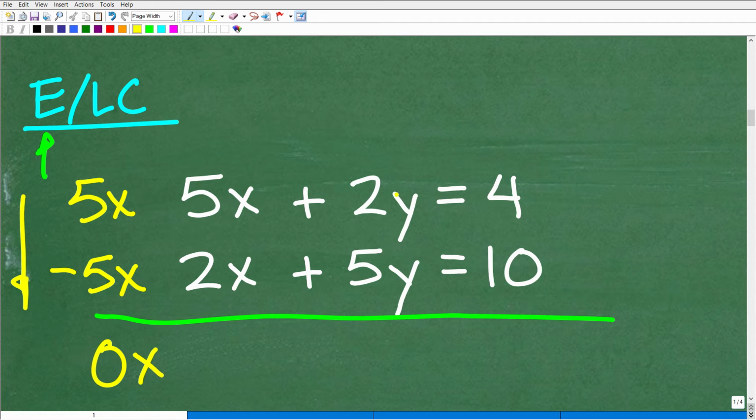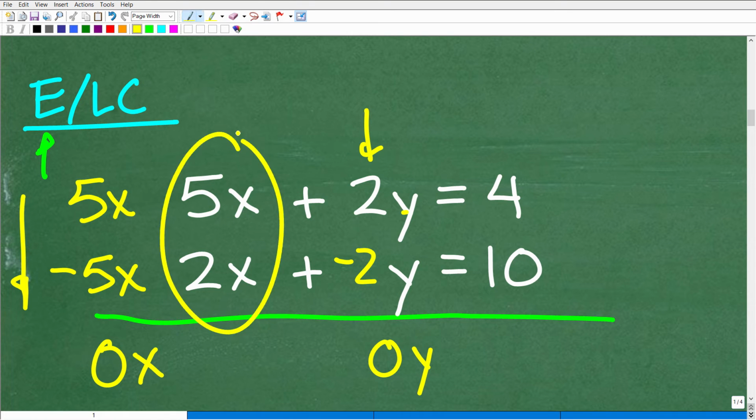Okay, now I could have the same situation with y, right? I'm like, oh, I got a 2y and a 5y. What if this was a negative 2y? That would be so cool because when I combine this, the y's go away. So that's what you want to be thinking about when you're using the elimination combination method. You want to use the rules of systems to construct two opposite values, one positive, one negative, one variable.